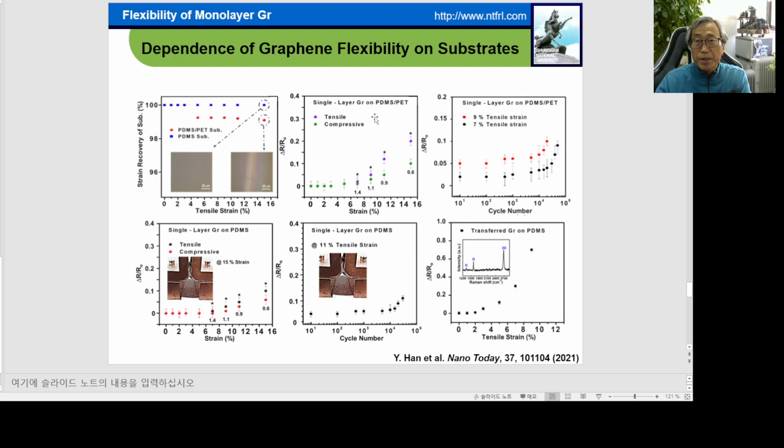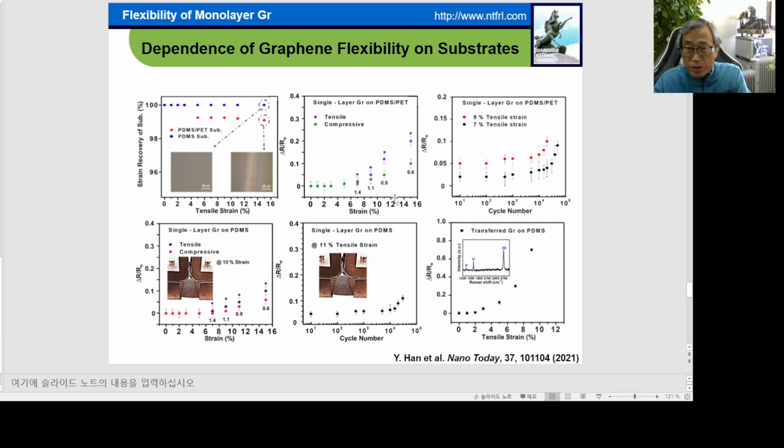So first one is the PDMS PAT substrate. In this case, there is a little bit of increase in tensile strain compared with the PAT substrate only. This is the tensile strain.